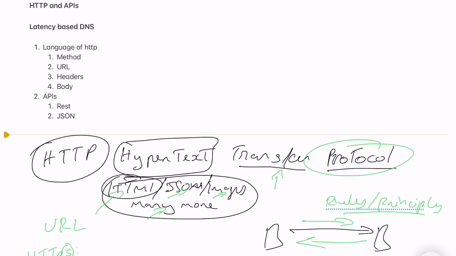S is for secure, by the way. HTTPS colon slash slash, then maybe www.gmail.com. Okay, so that is where HTTP comes into the picture, and it is part of your URL. Now moving to methods, let's see what are HTTP methods.